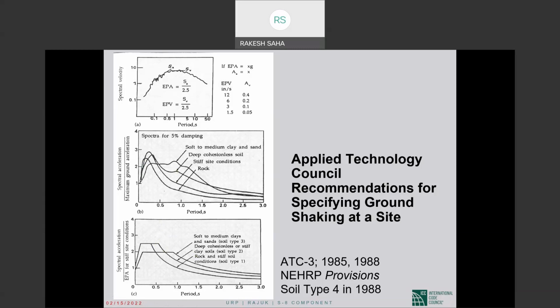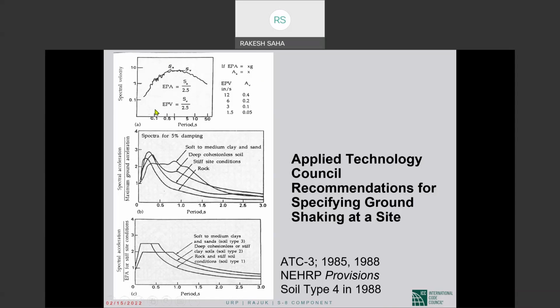And very importantly, they have normalized the spectral acceleration not with respect to peak ground acceleration, but effective peak acceleration for stiff site conditions. Effective peak acceleration for stiff site conditions. What is effective peak acceleration?